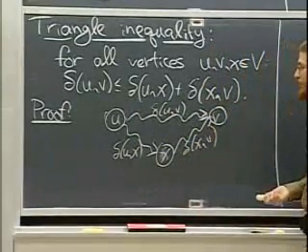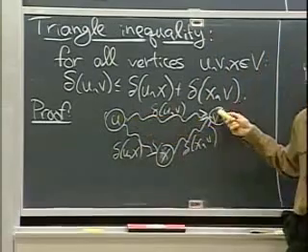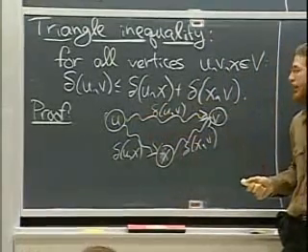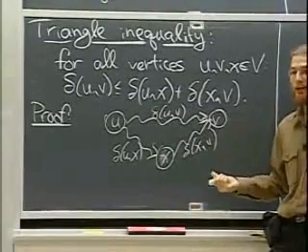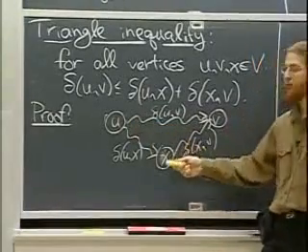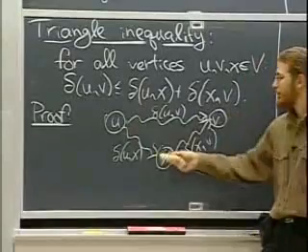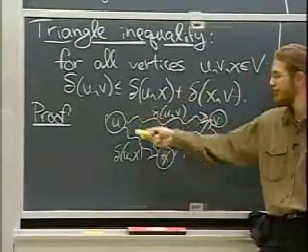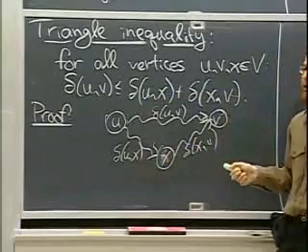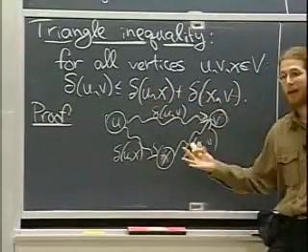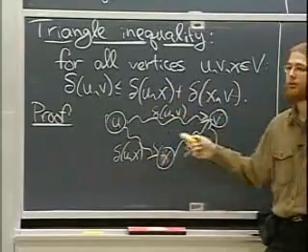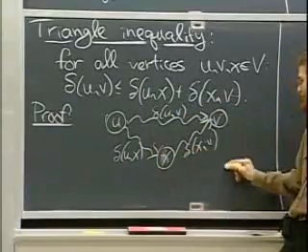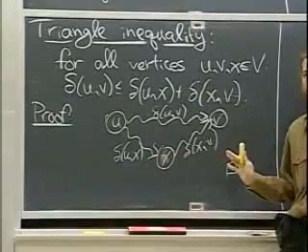And the point is, this should be the shortest path, or a shortest path from u to v. And in particular, one such path is you go from u to x, and then you go from x to v. So this sum is just measuring the length of this particular path. Take the shortest path here, take the shortest path here. And this is supposed to be the min over all paths. So certainly this is at most the sum of these two values. Okay, another proof by picture. Clear?